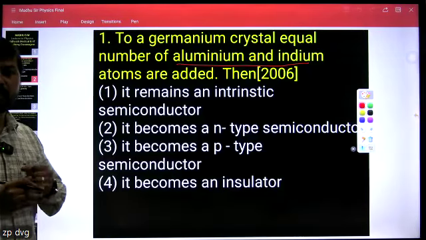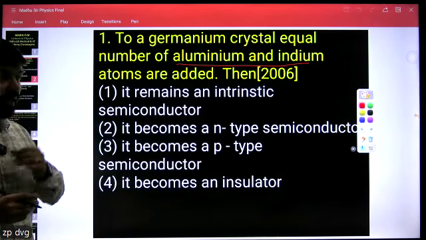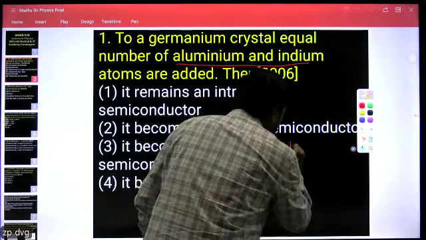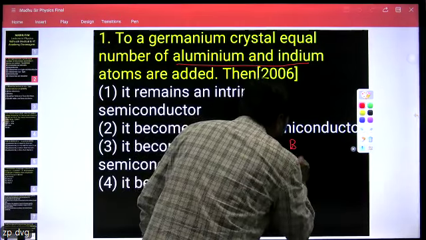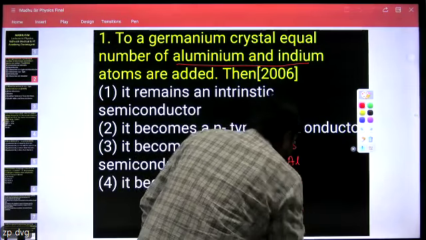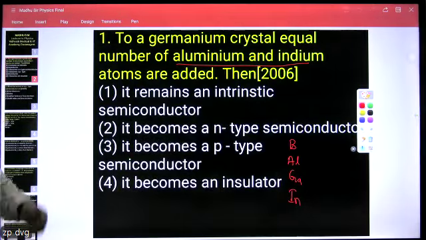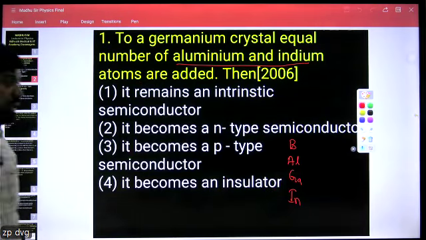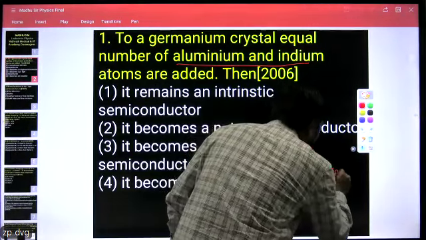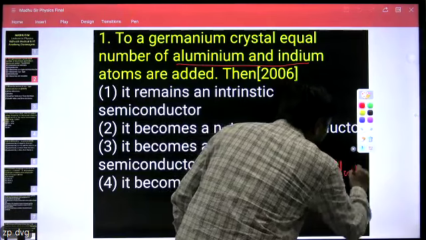One is trivalent, another one is what? Pentavalent. Examples for trivalent impurity are boron, aluminium, gallium, indium. Boron, aluminium, gallium, indium are the examples for what? Trivalent impurity atoms.